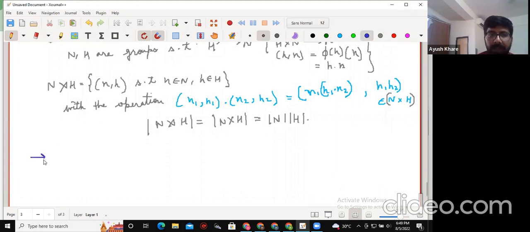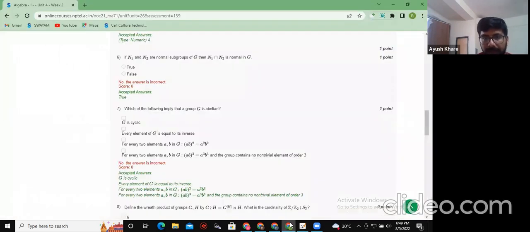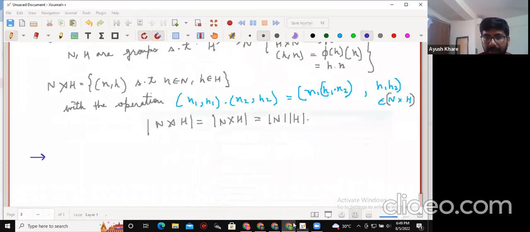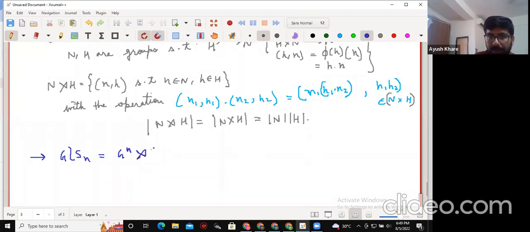I'm not going into that due to time constraints, because otherwise I have to explain the entire theory of wreath product. But you can just take it like this: whenever your G is wreath product with Sn, then you take it as G raised to n semi-direct product with Sn.